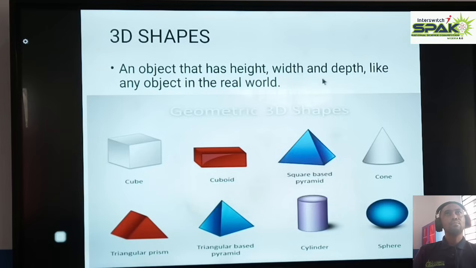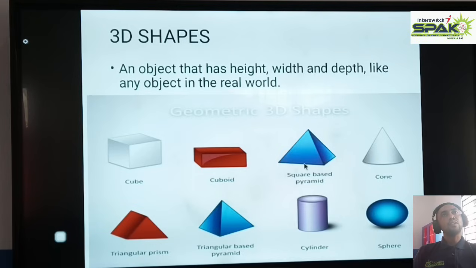And the length. So you have the length, the width, and the height. These are the 3 dimensions in a 3-dimensional shape. Examples of 3-dimensional shapes are the cube, the cuboid, the square-based pyramid, the cone, the triangular prism, the triangular-based pyramid, the cylinder, the sphere, and so on.